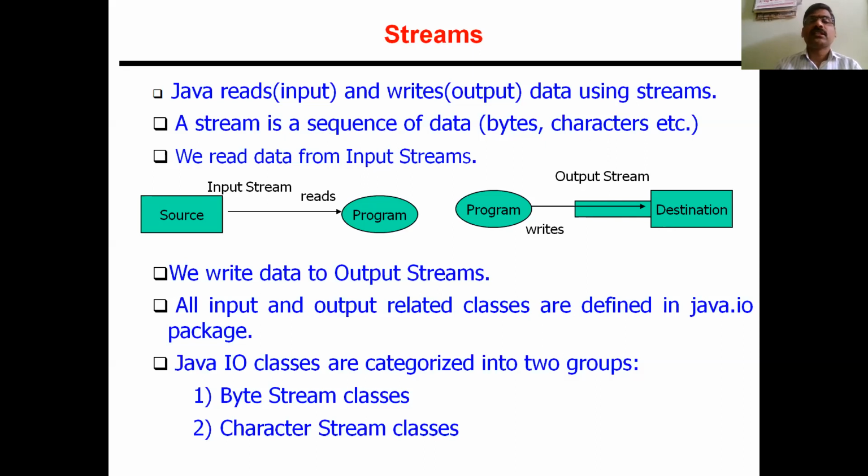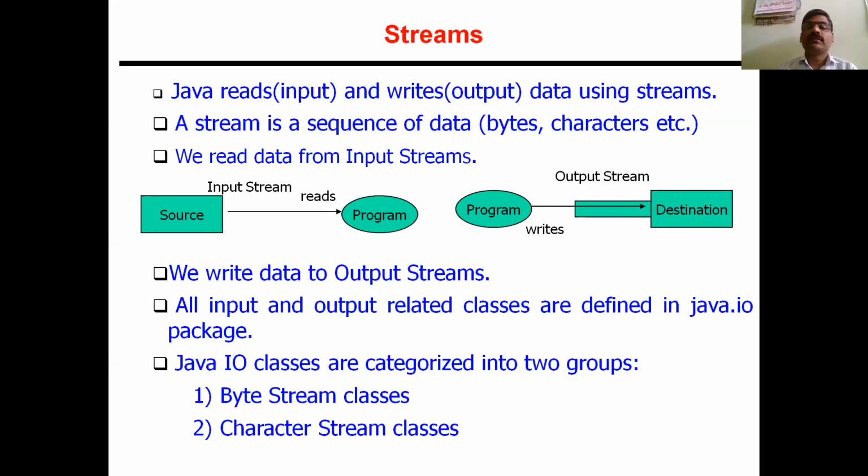A stream is nothing but a sequence of data, that is, you can read the data byte by byte, or you can read the data continuously character by character.